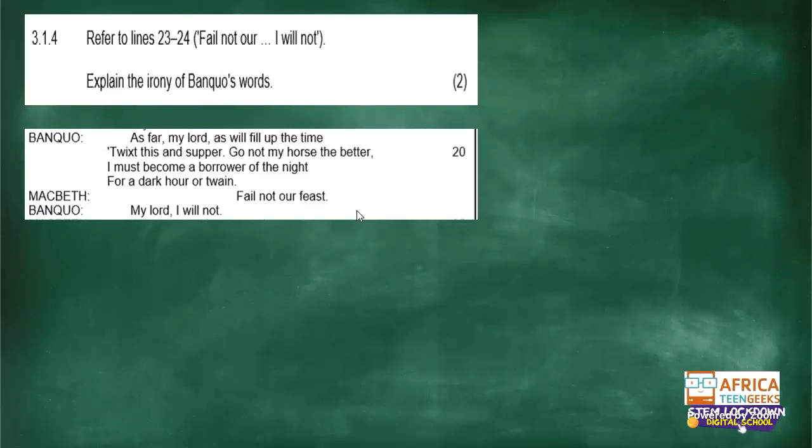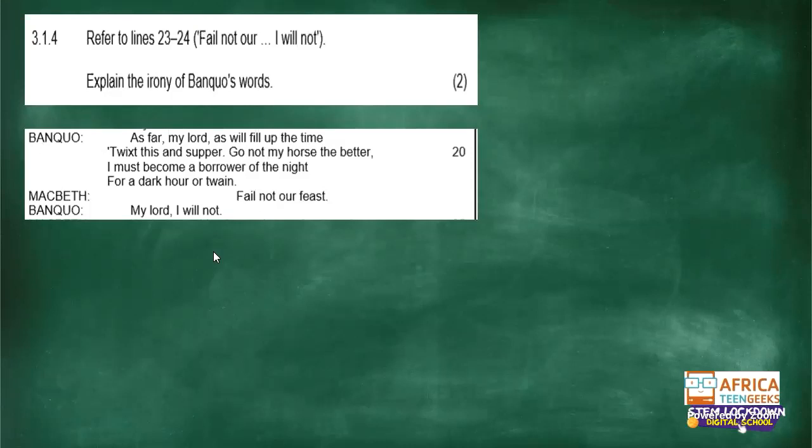Line 23: "Fail not our feast." Line 24: "My lord, I will not." So when they say explain the irony, it means Banquo said he was going to come, but he did not.